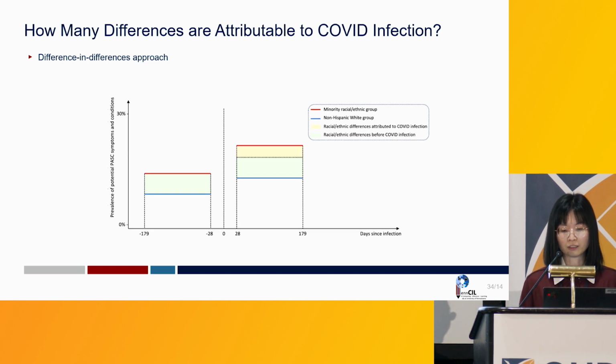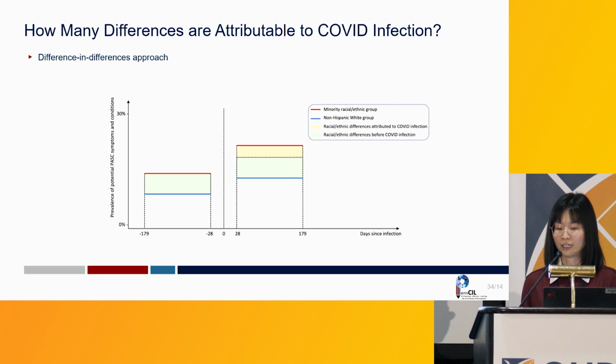We divided the differences in two parts. The first represents the differences that already existed before infection, and the second is the differences that totally result from the COVID infection. So it's essential to note that we are assuming that the pre-existing differences remain consistent before and after COVID infection.